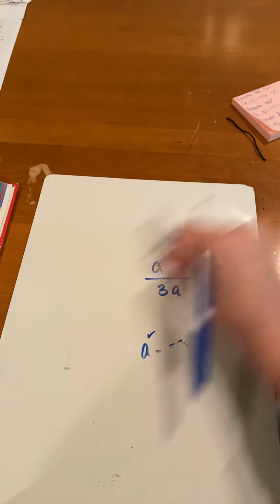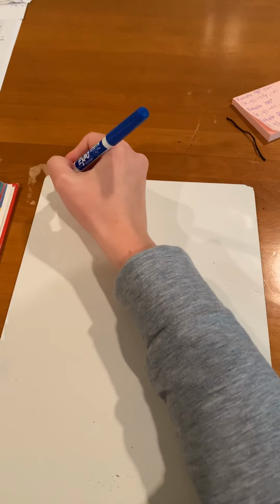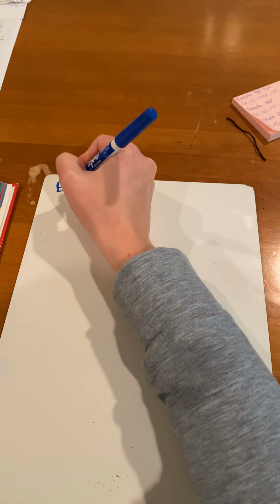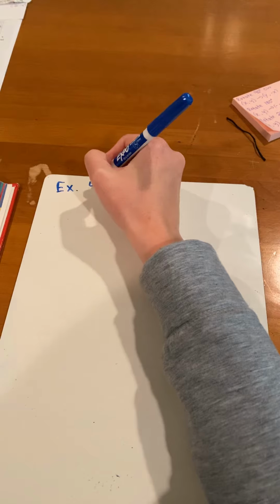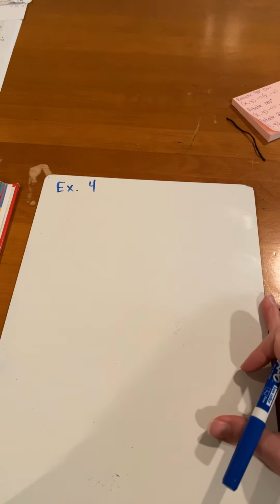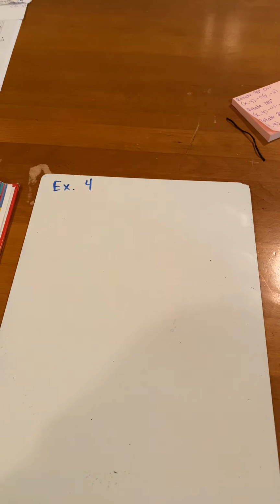All right, example 4. So we did monomials. The a plus 3a was a monomial. Now we're going to look at polynomials. For example 4, we're still going to be adding rational expressions, but they're going to have unlike denominators. And this time it's going to be a polynomial that I have to come up with the least common denominator of.